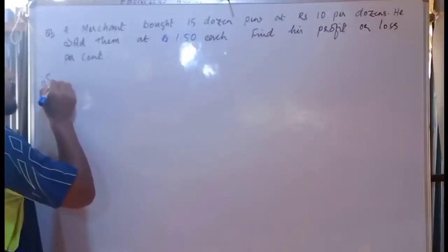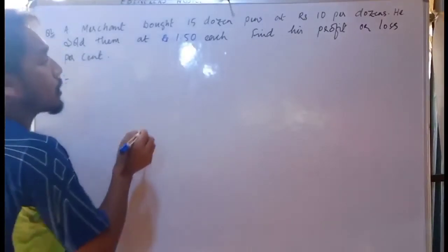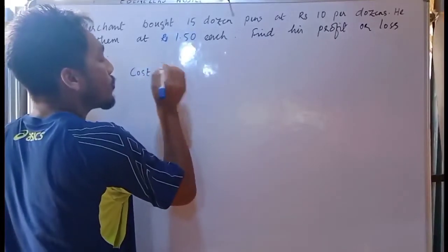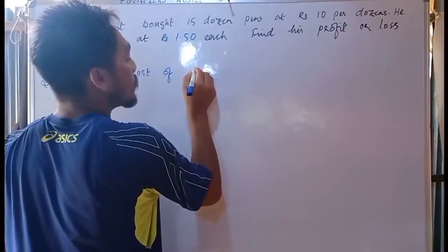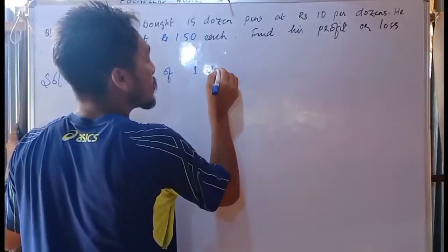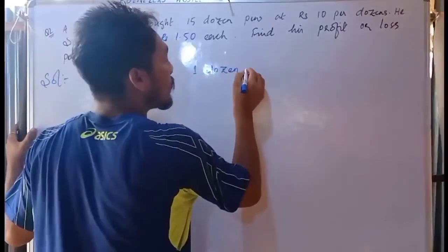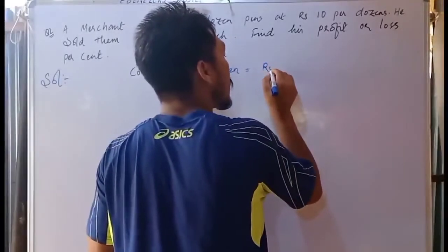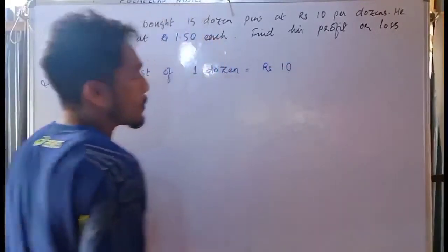So let's try to find out. They have already given the cost of 1 dozen. Cost of 1 dozen is equal to rupees 10.